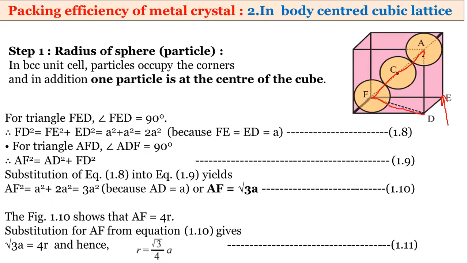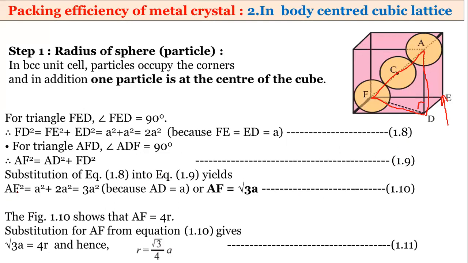In this triangle AFD, angle ADF is also 90 degrees. So AF square, this diagonal, is equal to AD square plus FD square. Again, we have to substitute equation 1.8 into 1.9. This is equation 1.8 and this is equation number 1.9.